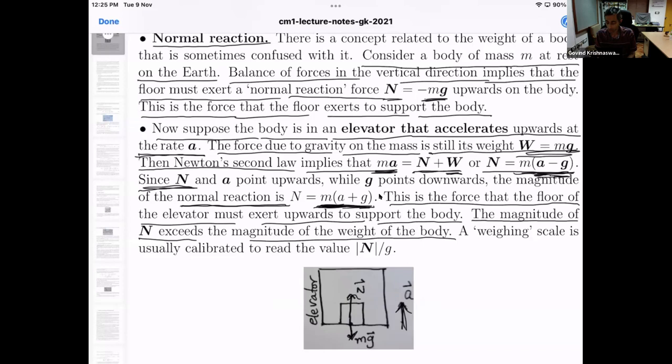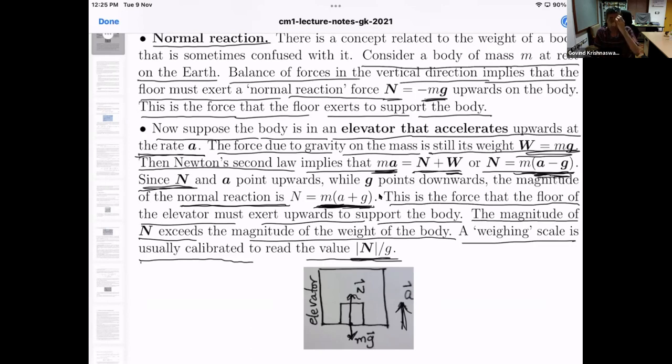Now what we usually call a weighing scale is usually calibrated in such a way as to read the magnitude of N upon g. So weighing machines are set up to display the value of this normal reaction force divided by g.